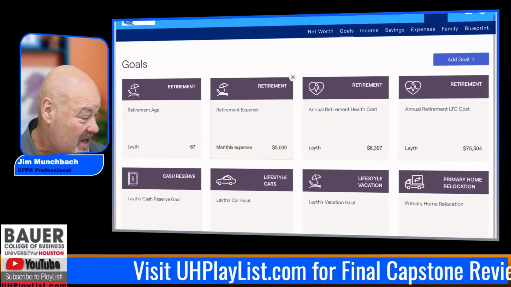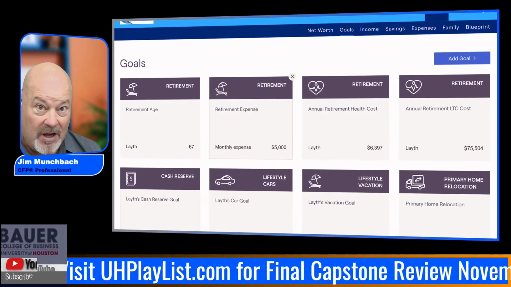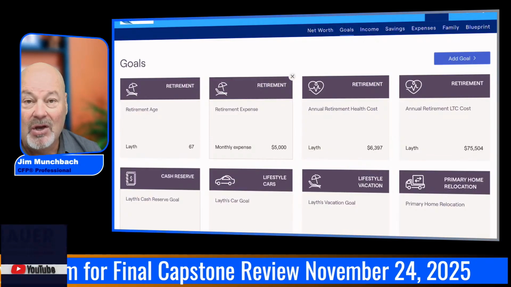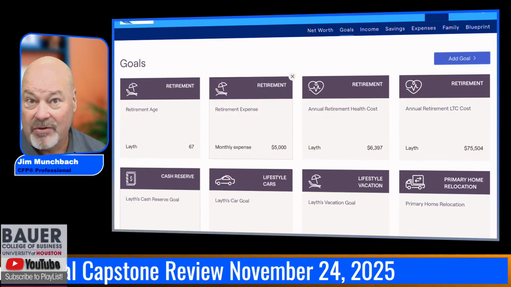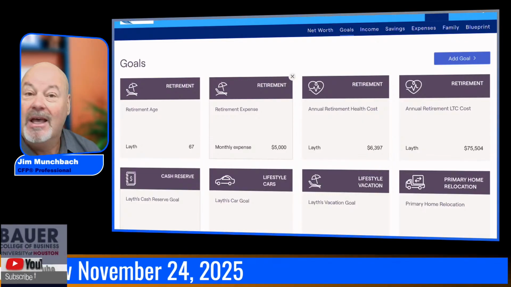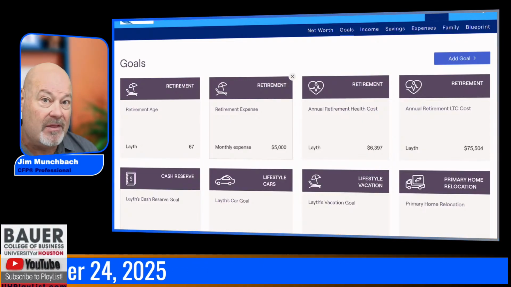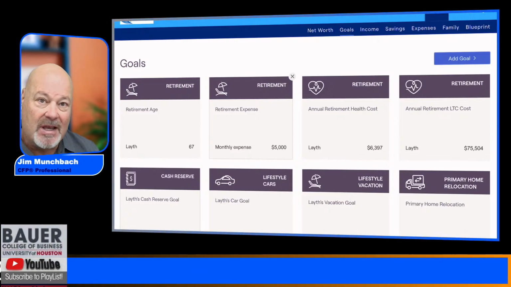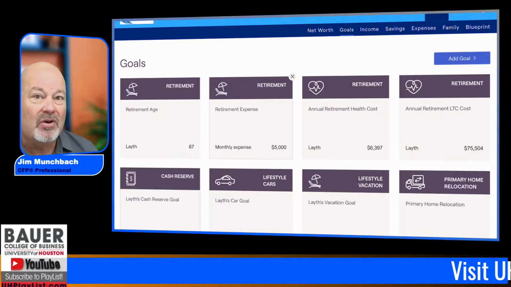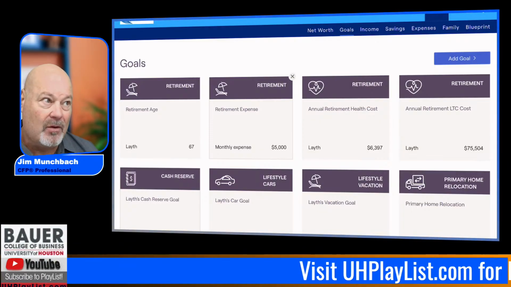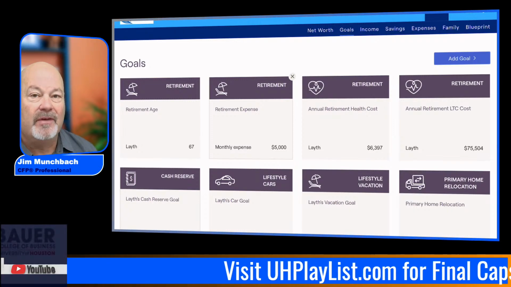So I would just suggest if you're working on your capstone assignment, take a look at your goals and just delete any goals that you maybe wanted to do a little show and tell with yourself on. But for the purpose of the capstone assignment, I'm asking that you understand the basics of your financial plan, the inputs and the outputs. And if you added extra goals, you will have created a whole new set of issues with your financial plan.